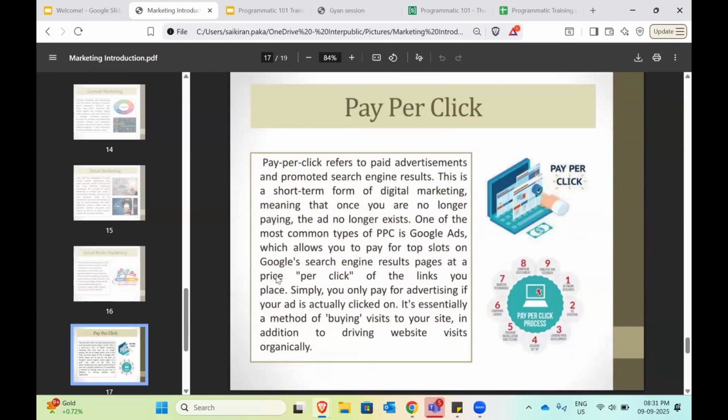PPC campaigns are usually done via Google Ads. Traditionally, whenever you run a campaign, the buying model would be CPM, where you pay for impressions. But on Google Ads, when it started, most of the campaigns were PPC campaigns, where you pay the platform only when a user clicks on your ad.